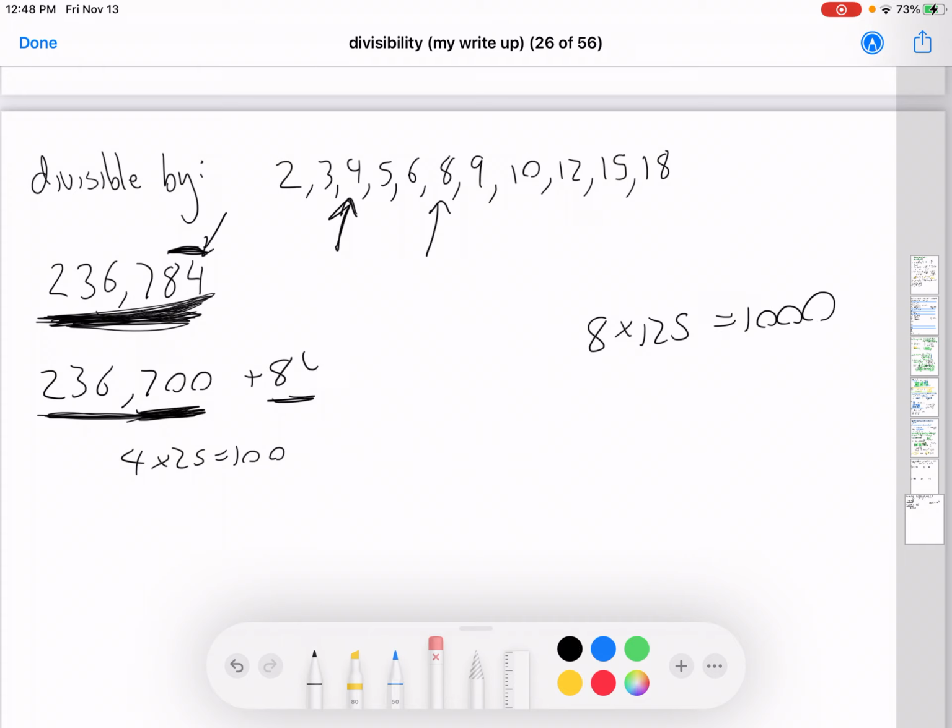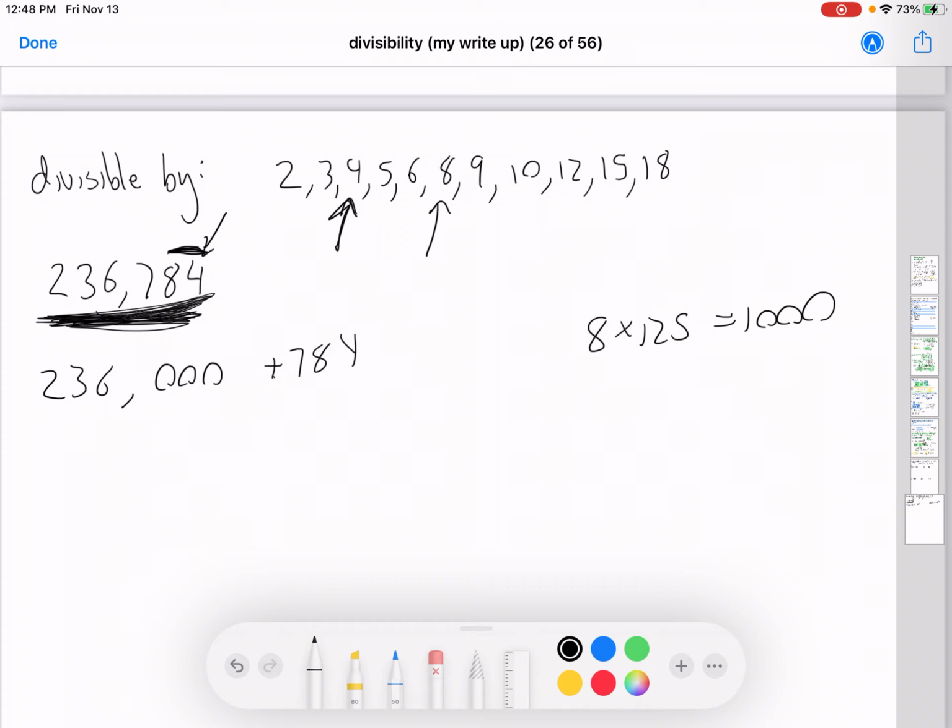So I know that if I were to take off the last 3 digits, 000 plus 784, I already know this is divisible by 8. So you only need to check triply even on the last few, which means divide it in half once, twice, 3 times to see if it's triply even.